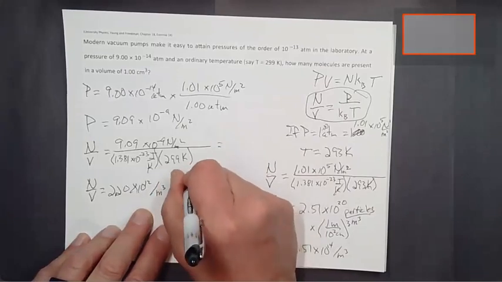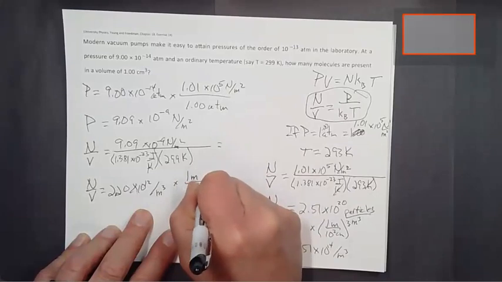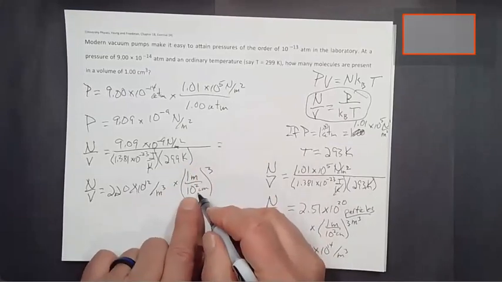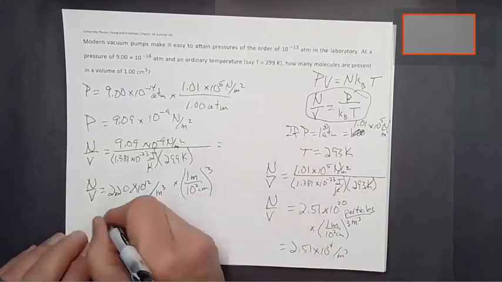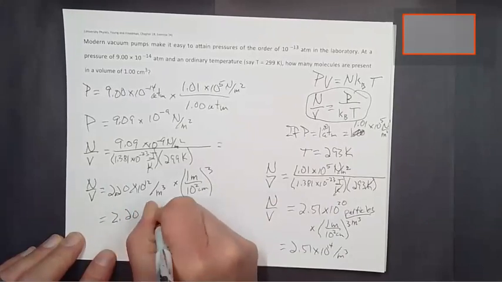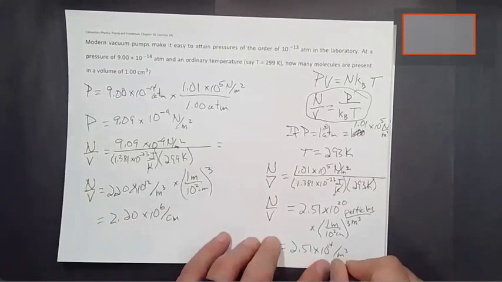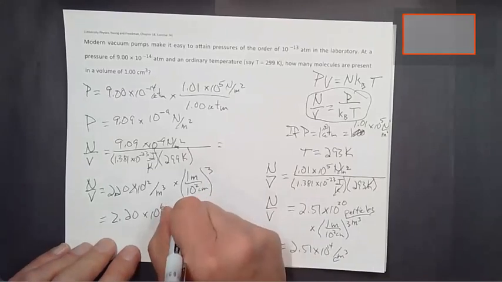But if I multiply that by 1 meter over 10 squared centimeters, and then cube that, I get 10 to the 6th on the bottom, I'd have 2.20 times 10 to the 6th per centimeter cubed, which is what this one was supposed to be over here. I forgot to put a C on it.